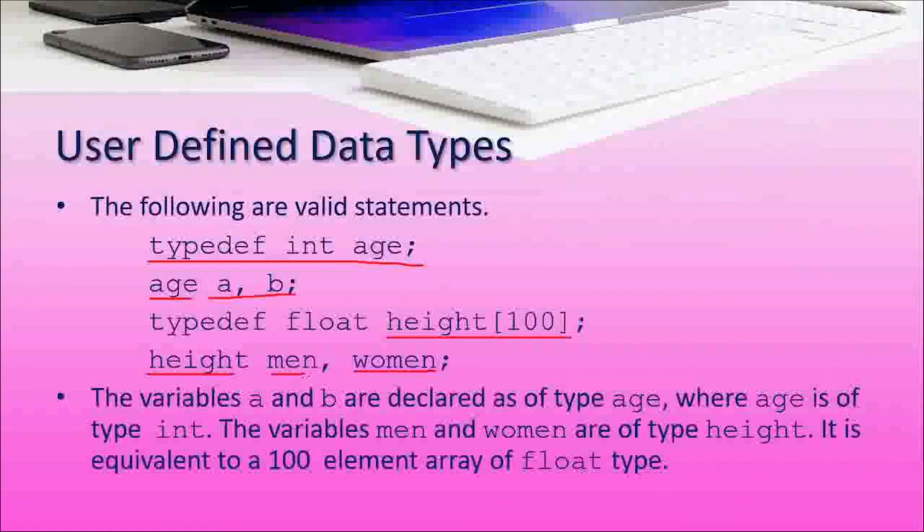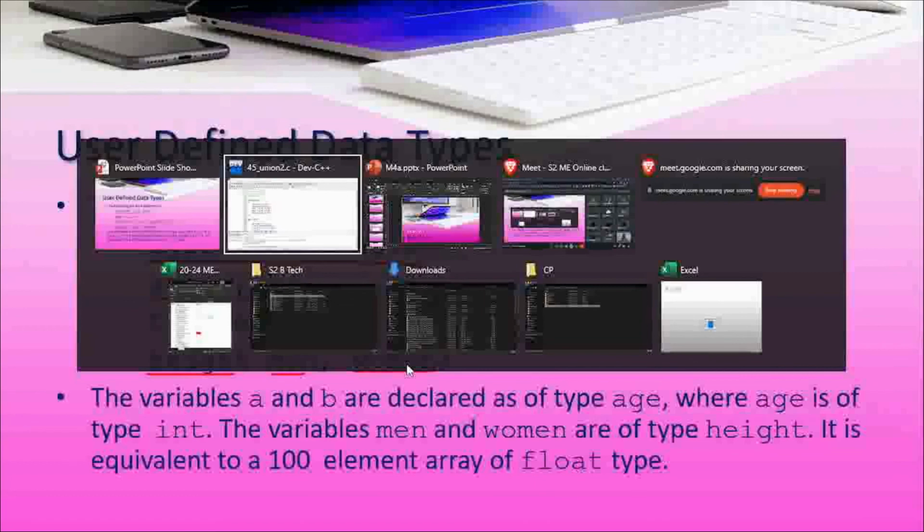So men will have a 100 element array, as well as women, in which floating point values can be stored. And this is how user defined data types are used. More details of user defined data types we will discuss probably in the next class.